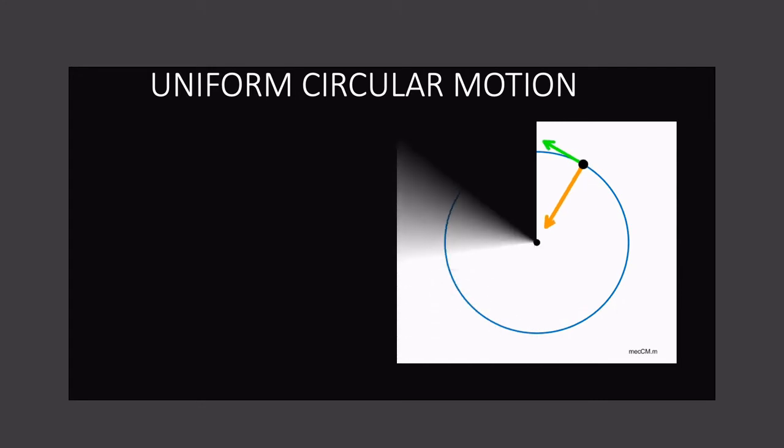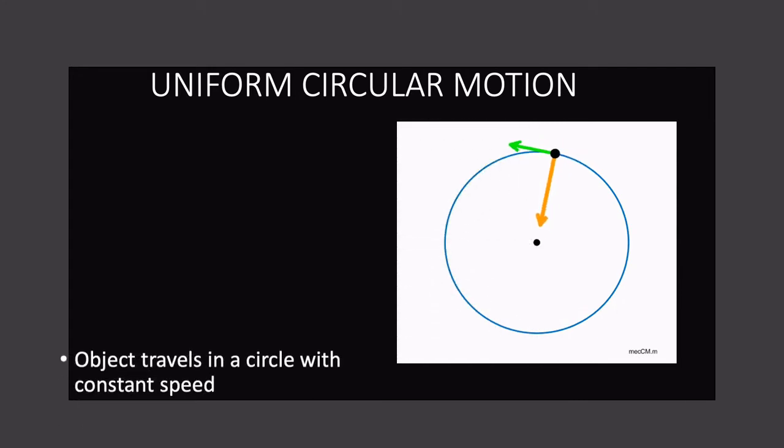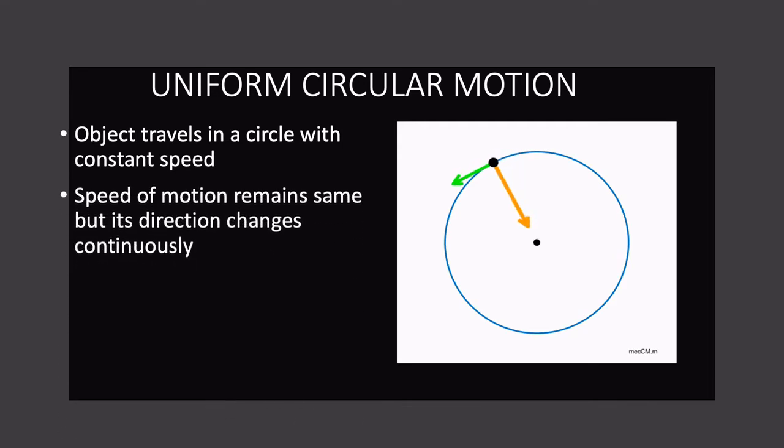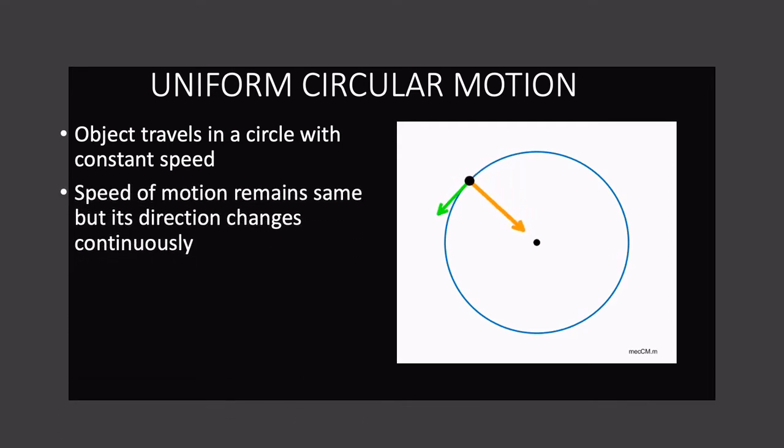Uniform circular motion. It is a specific type of motion in which an object travels in a circle with constant speed. So remember, the speed of the motion remains the same. Speed is a scalar quantity. It has only magnitude and there is no specific direction.